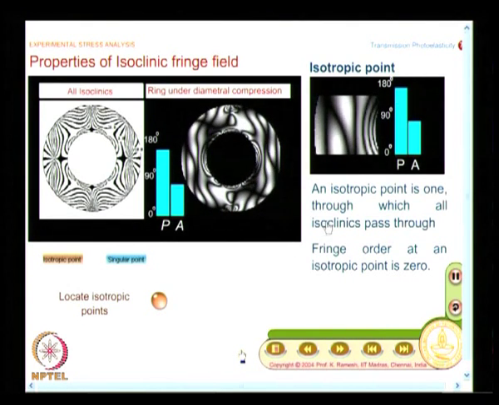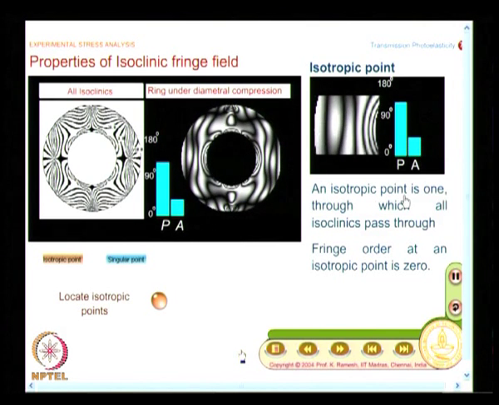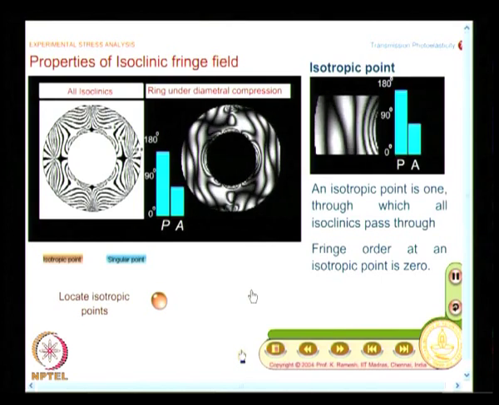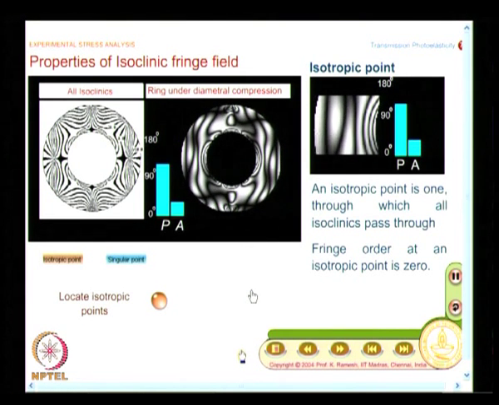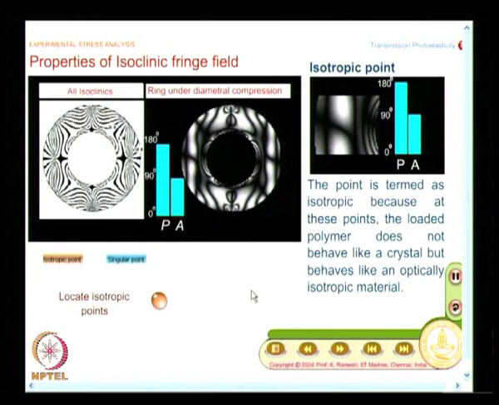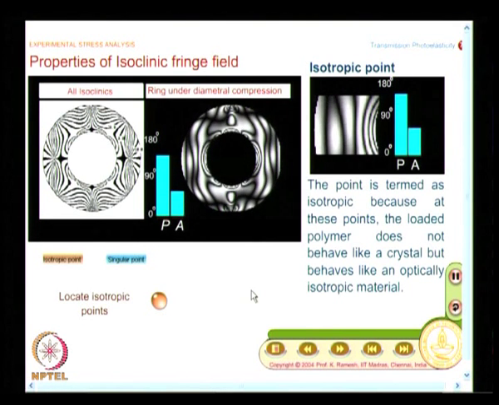So, what we find here is that an isotropic point is one through which all isoclinics pass, and whenever you have a rule there will be an exception. The load application points are not to be considered as isotropic points. And why do you call this an isotropic point?